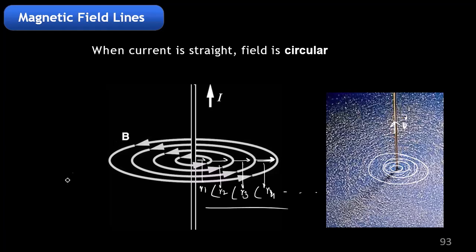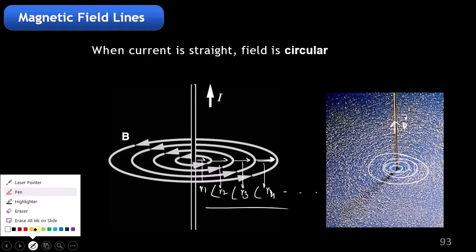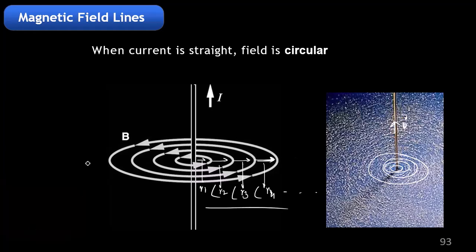Now, on a particular loop, on each and every point, the magnetic field magnitude should be the same. The direction is different, because it is always changing.